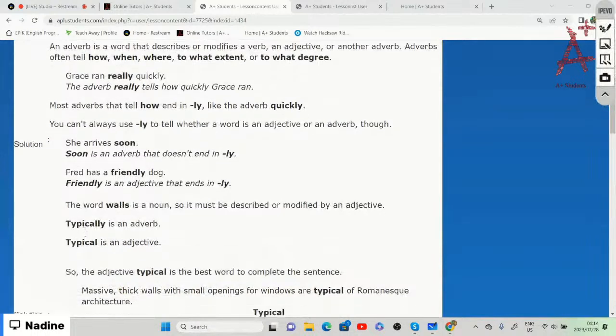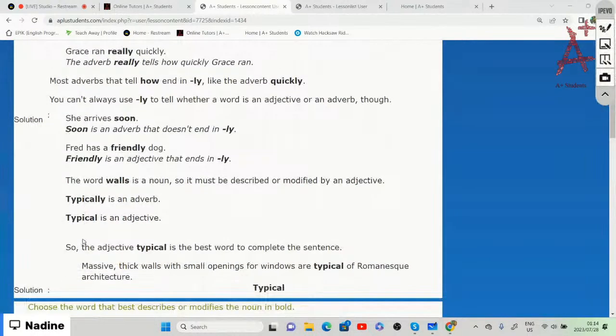The word walls is a noun, so it must be described or modified by an adjective, because remember, we said that an adjective describes or modifies a noun, whereas an adverb modifies a verb, an adjective, or another adverb.